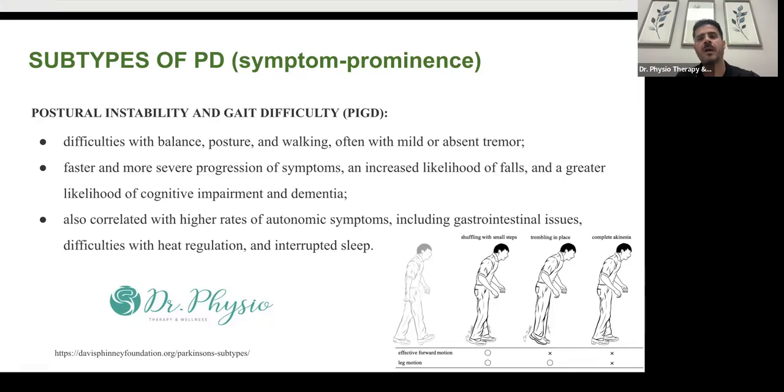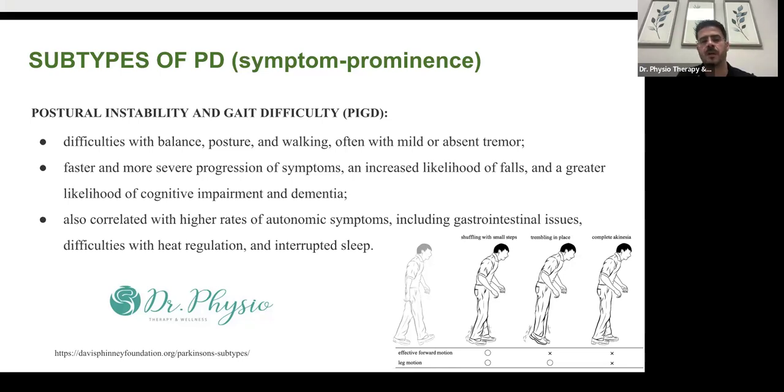And also a greater likelihood to develop cognitive impairment and dementia, okay? And then it's also correlated to higher rates of autonomic symptoms, for example, blood pressure regulation problems, gastrointestinal issues, for example, incontinence, those things, all right?